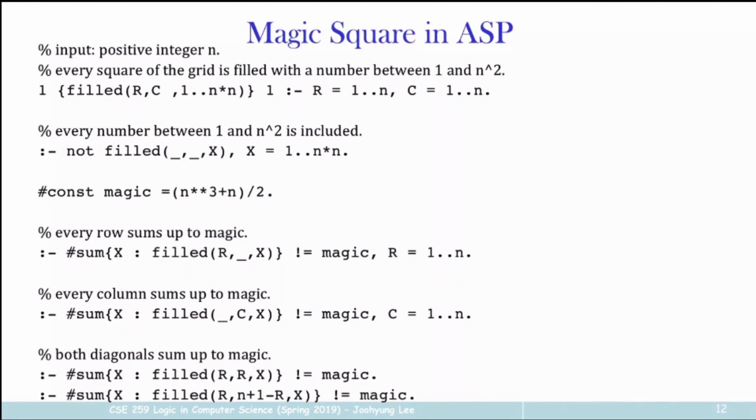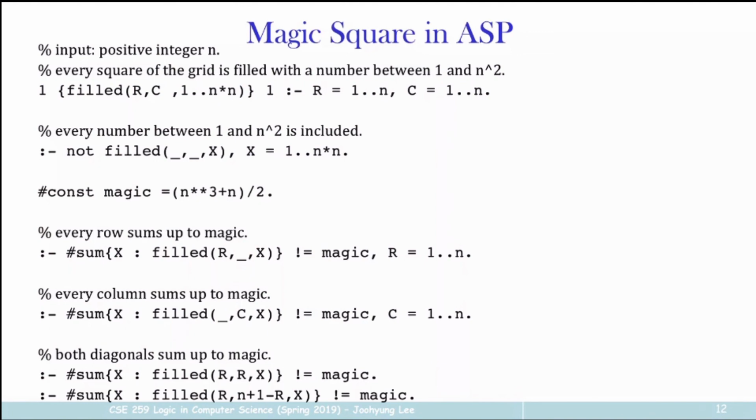Now what about the other diagonal? The other diagonal is represented in this way: (1,4), (2,3), (3,2), (4,1), represented by this equation. If you sum over all the x, and that's not the magic constant, that violates the constraint.